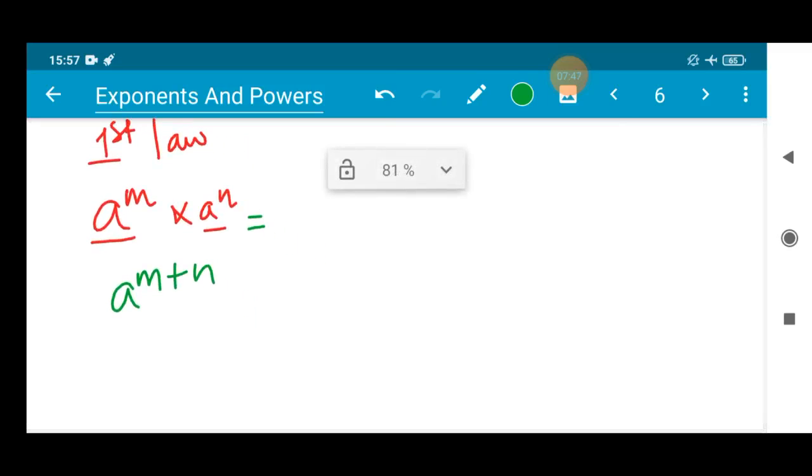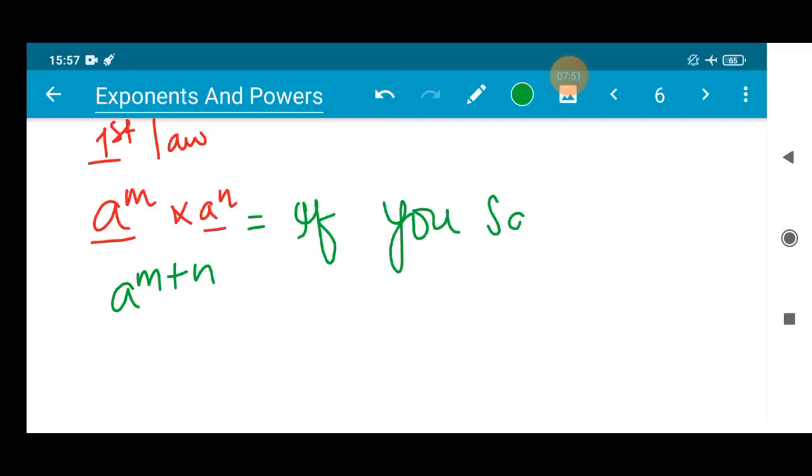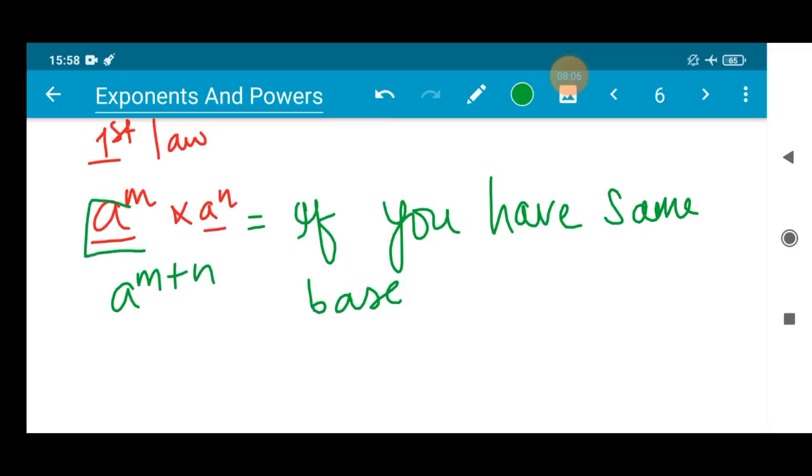Let me write here, if you have the same base, no matter what the power is, your power may be different, your power may be the same, it doesn't matter, but we are just concerned about the base. This is the base, I have already told you, and the whole expression is a power, and only m and n are exponents.